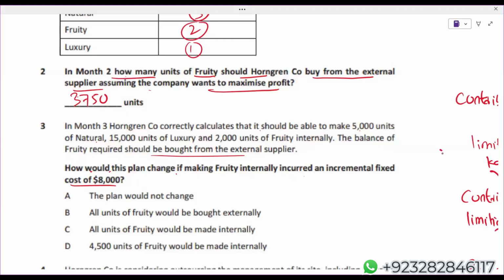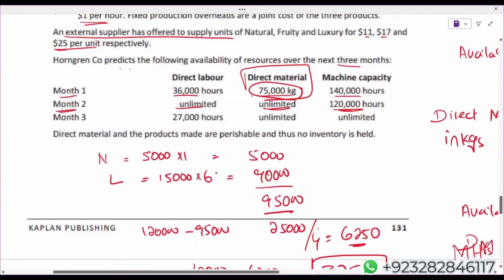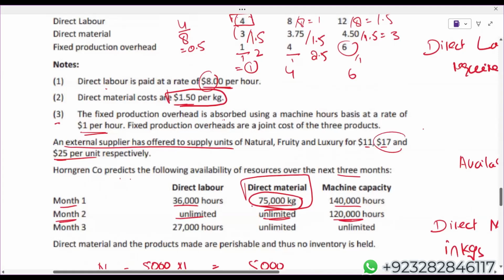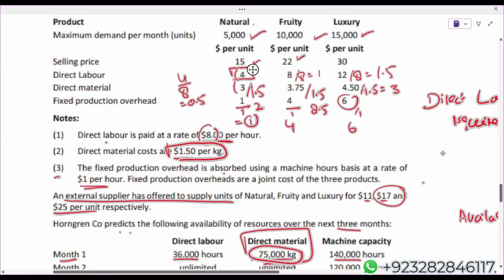So we have to compare the making cost of fruity with the supplier price. Let's see how much the supplier is asking. Supplier is asking 70. And what is our making cost? Direct labor is 8. Direct material is 3.75.